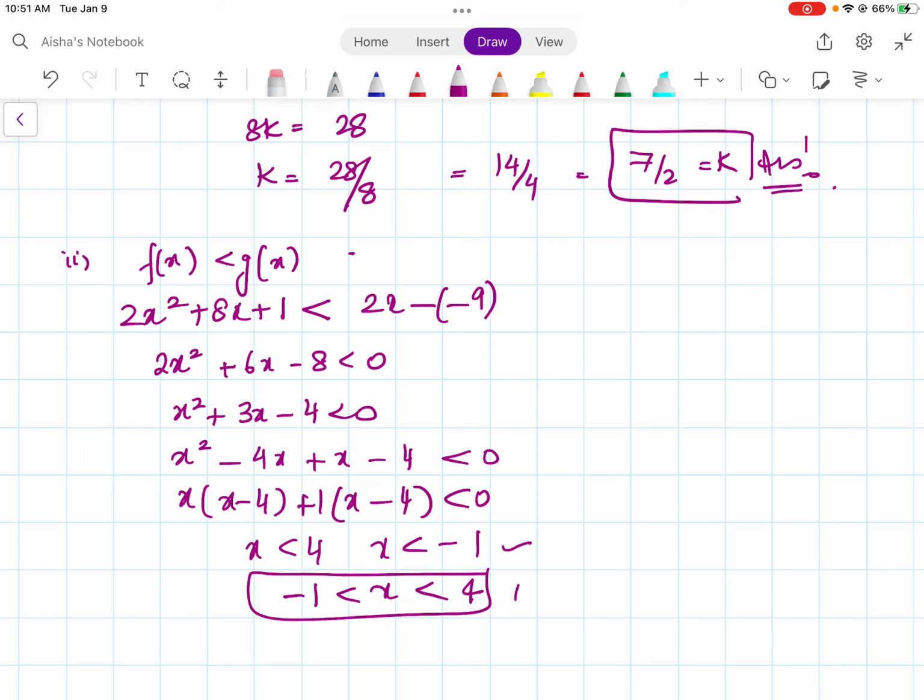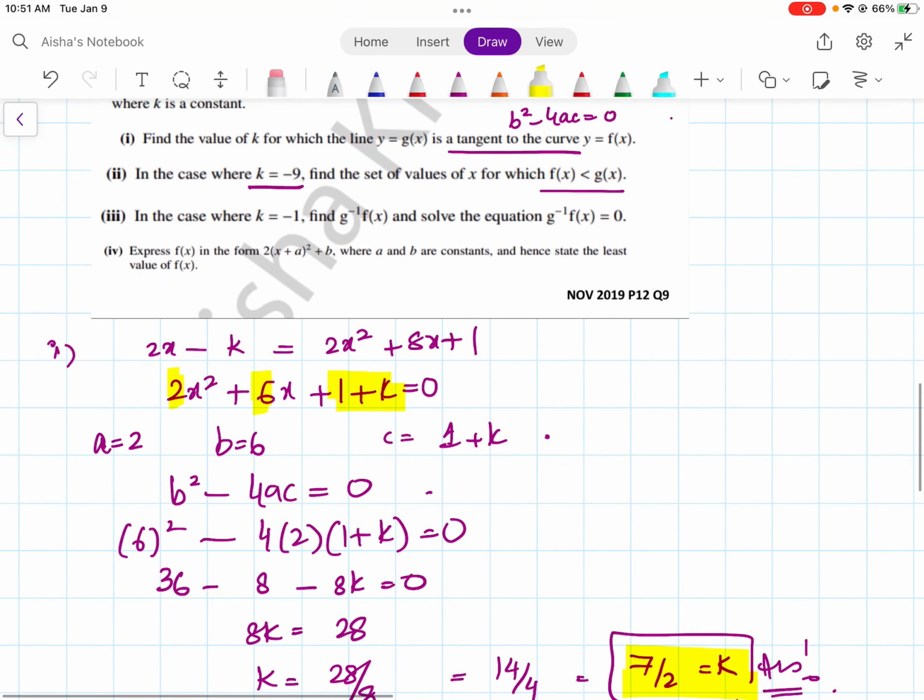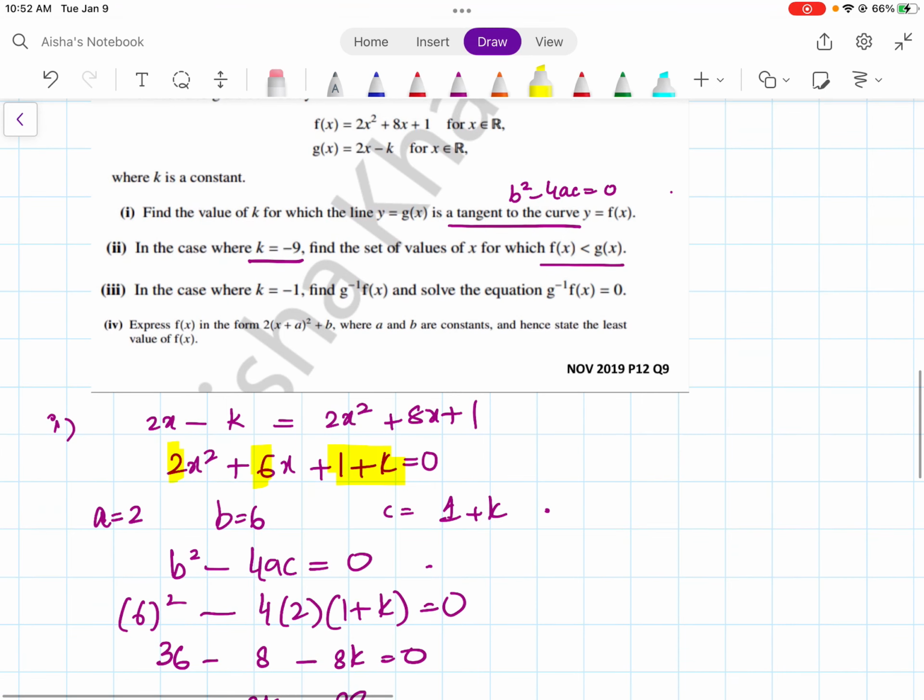When there is a less than sign, this is how you write your answer. First answer, second answer.